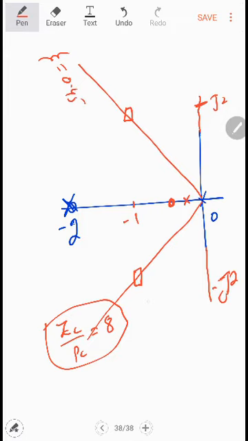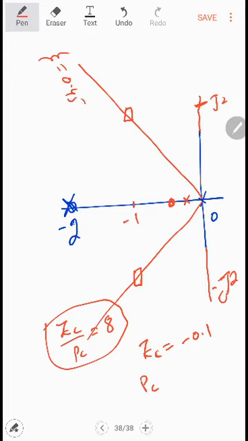So let's say that ZC is equal to -0.1. Then what should be the location of PC?